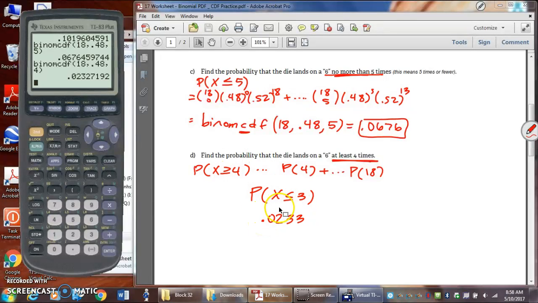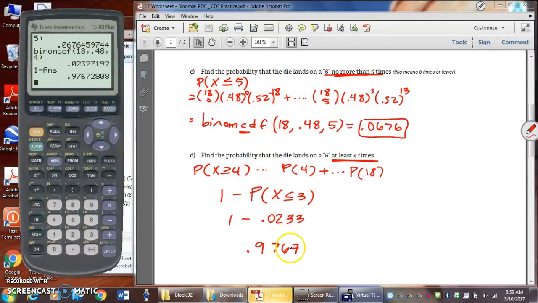That's everything we don't want, that's less than or equal to 3, and then if we do 1 minus that, that will leave us with everything greater than or equal to 4, which is 0.9767. So that is our probability that the die lands on 6 at least 4 times.